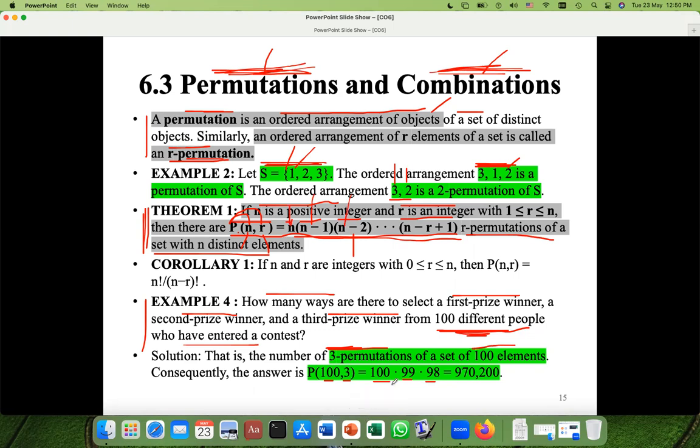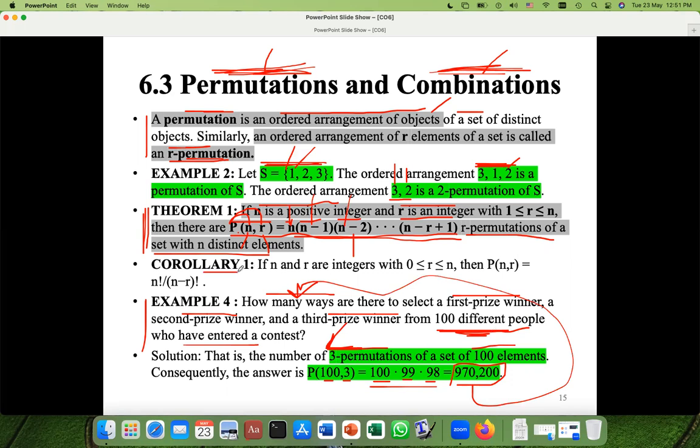So stop now, because you have to calculate only 3 permutations. And then after multiplication, you will have that answer. And that answer is the number of ways in which you can select the first, second, and third prize winner from these 100 different people.